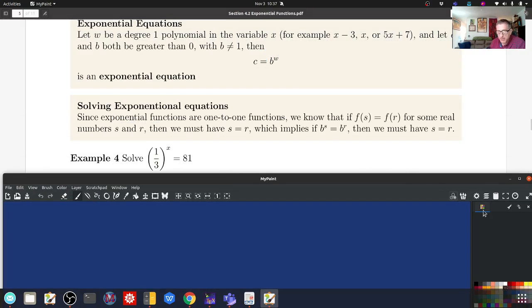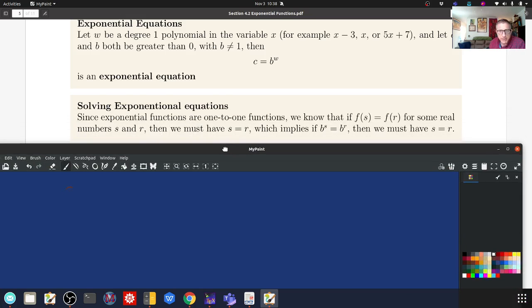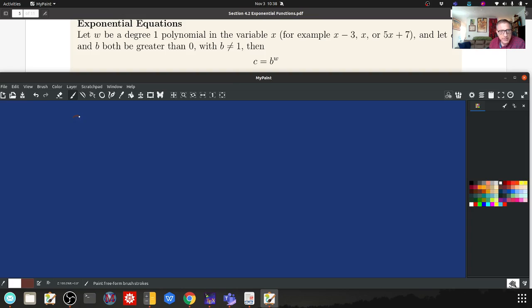So here's our paradigm. C is equal to b to the w. W is a linear polynomial in the variable x. What is c?